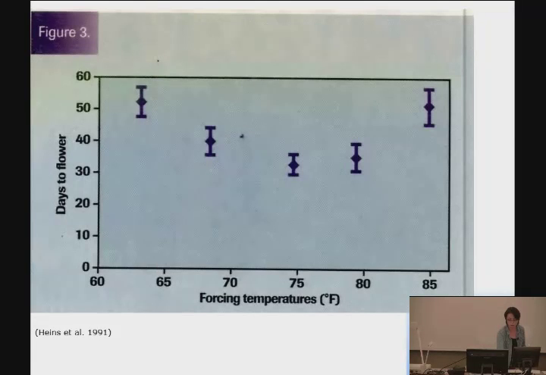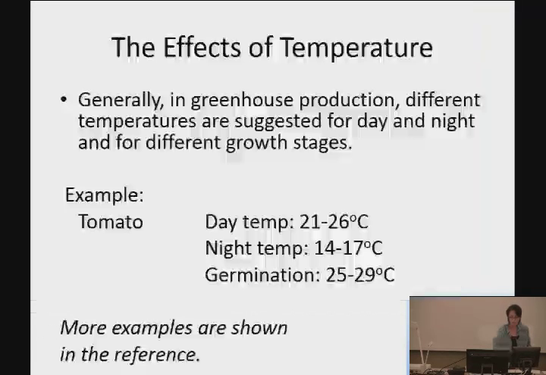Okay, so if you look at the various literature, you can find recommended temperature ranges during the day, during the night, and maybe for different stages. I just put up the tomato recommendation.